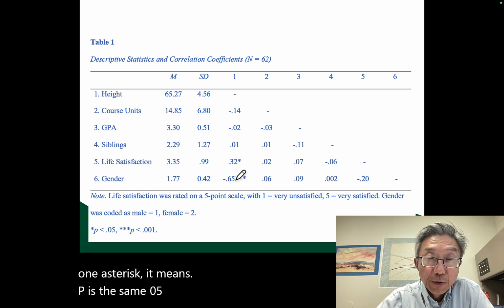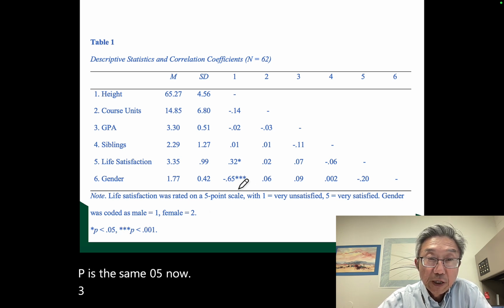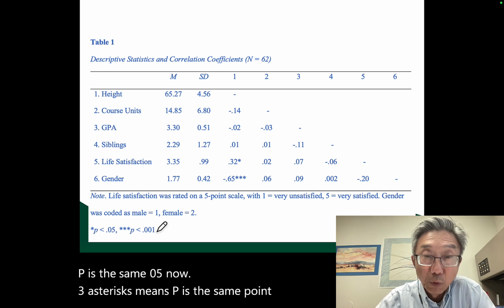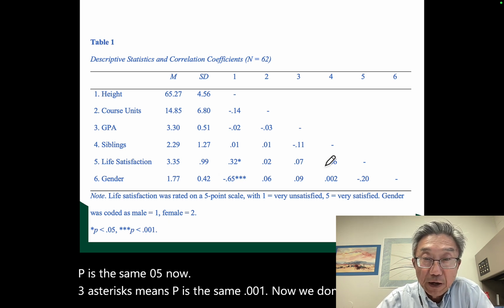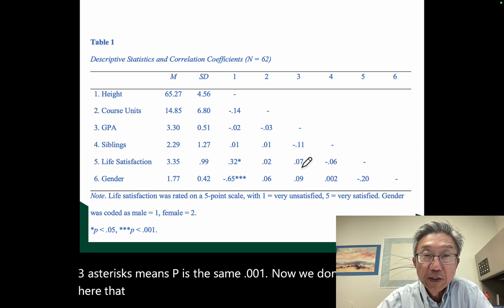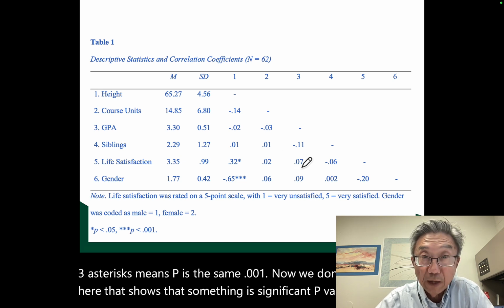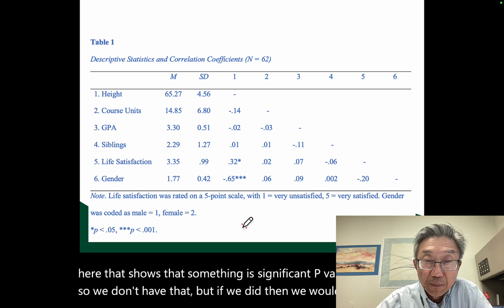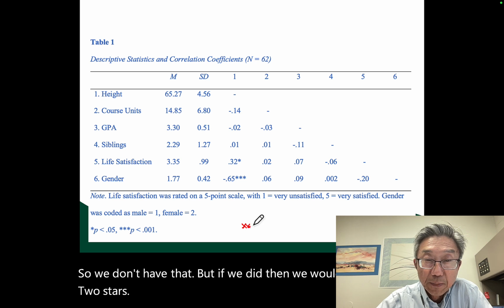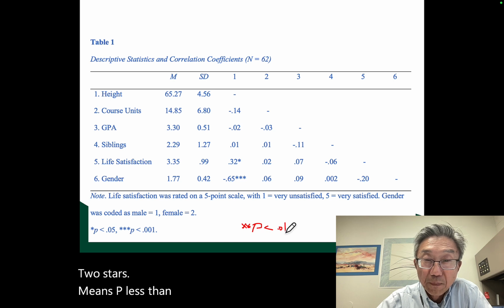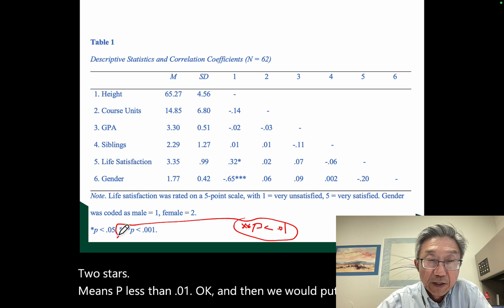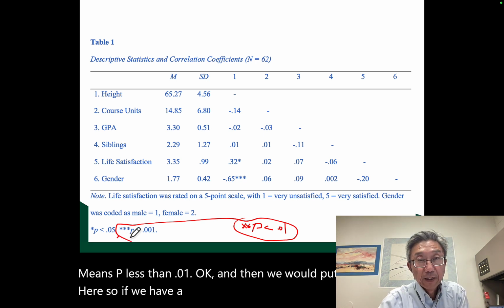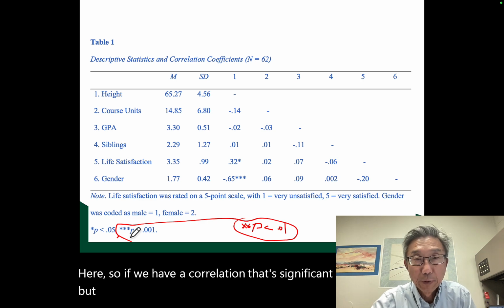Now, 3 asterisks means p is less than 0.001. Now, we don't have anything here that is significant at the 0.01 level. But if we did, then we would say 2 stars means p less than 0.01, and we would put it over here. But here we don't have a correlation significant at the 0.01 level, so we don't really need this.